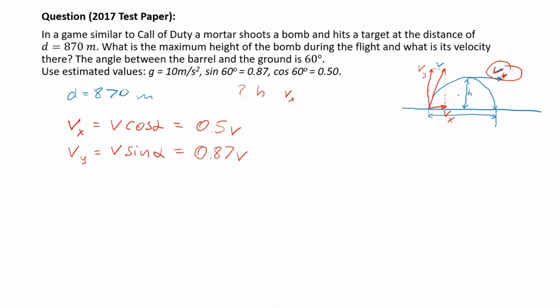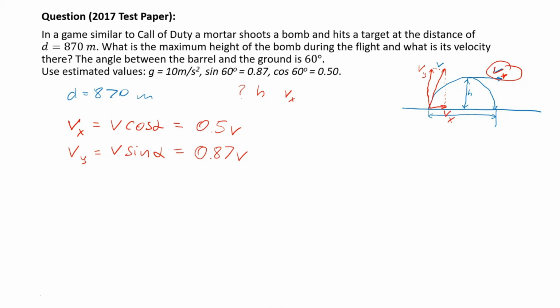Why Vx? Because at the highest point, the vertical movement is for the moment stopped. We've been accelerating from the very bottom to the very top. Then the cannonball is for a moment not moving up, not moving down, and then it will start to travel back to the earth.